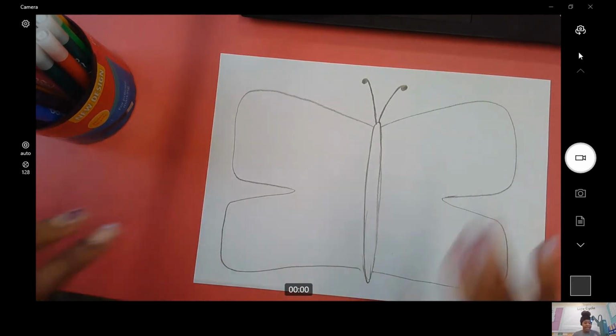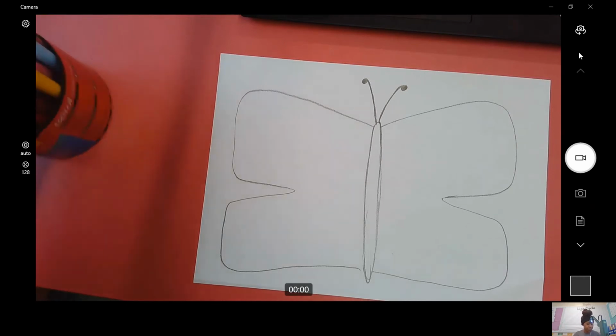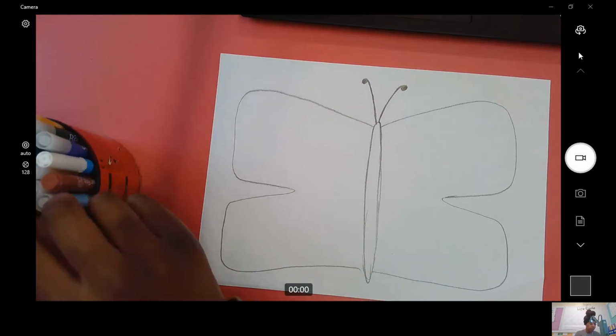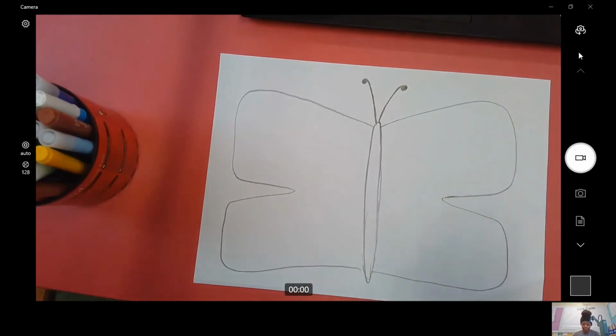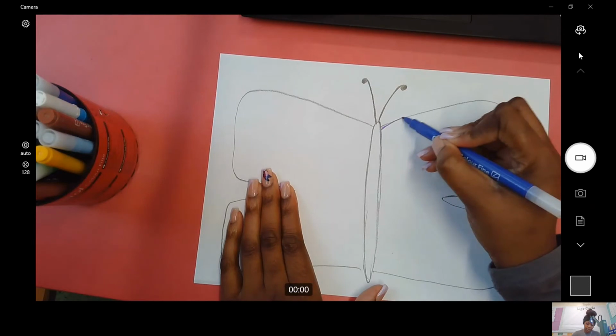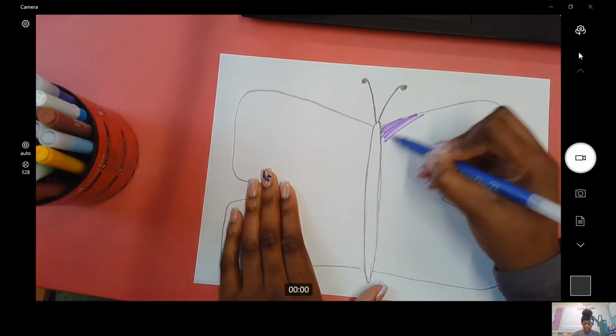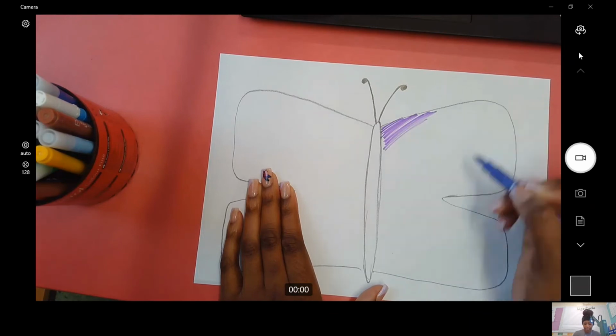Once you have the outline, now it's time to decorate your butterfly. Okay, so I think I'm going to use purple for my butterfly. So I'm going to just go in and color this wing here.